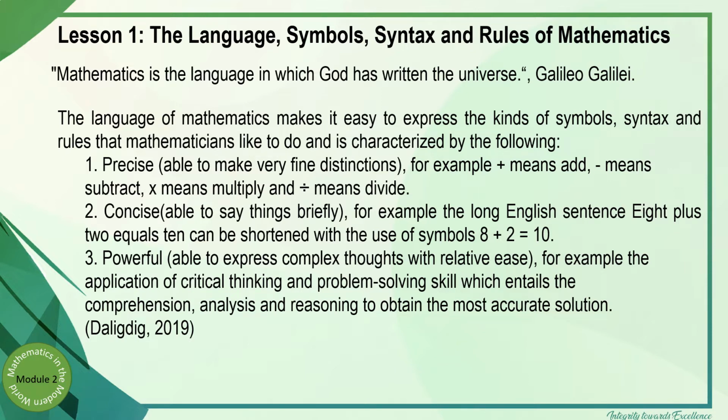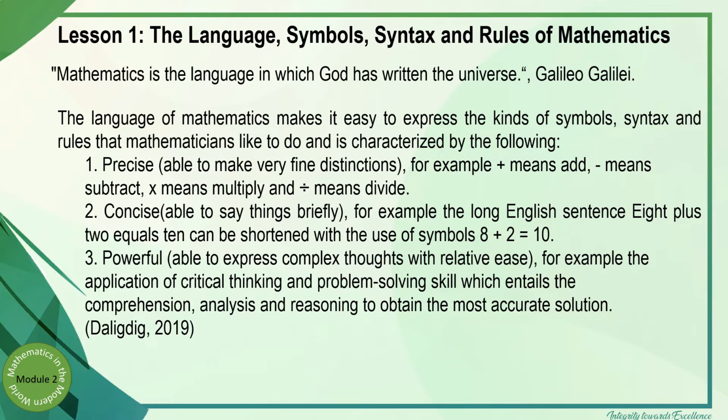Next is the language of mathematics is concise. Ibig sabihin nito, kaya niyang paikliin or gawing simple yung mga komplikadong terms. For example, kung sa English, sabi natin ay 8 plus 2 equals 10. So, in words, ganun yung statement natin.